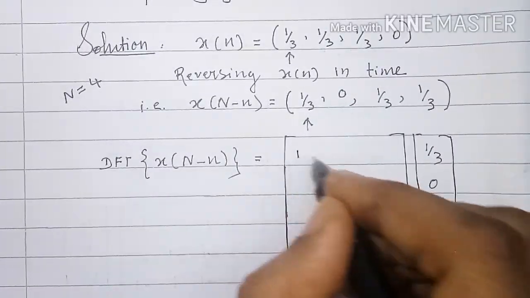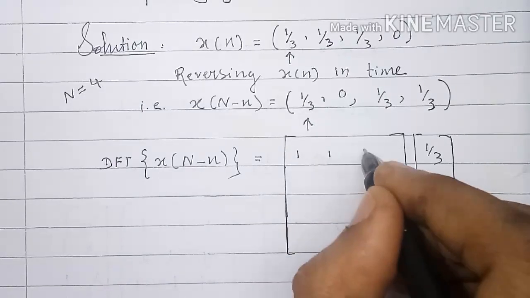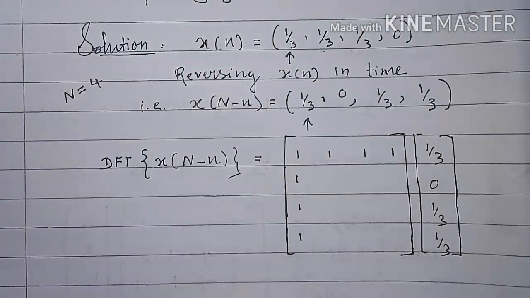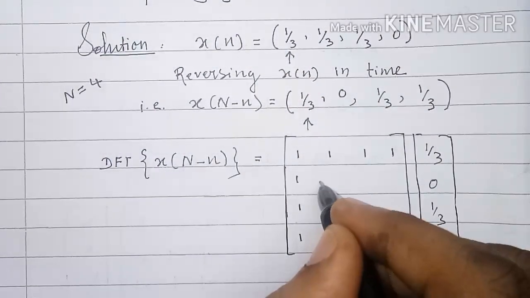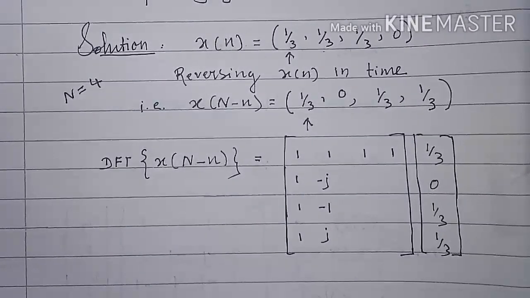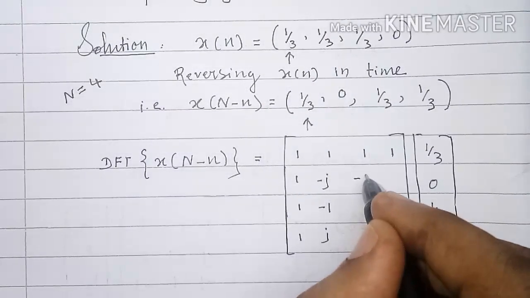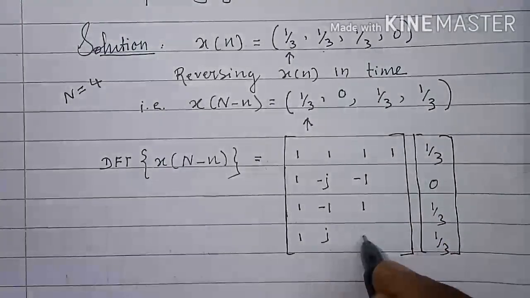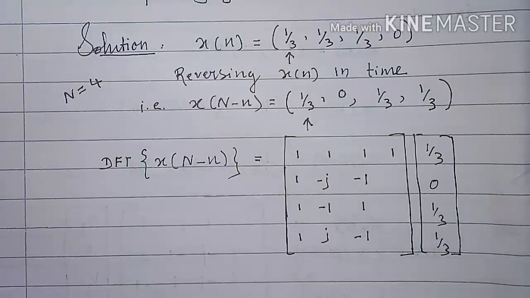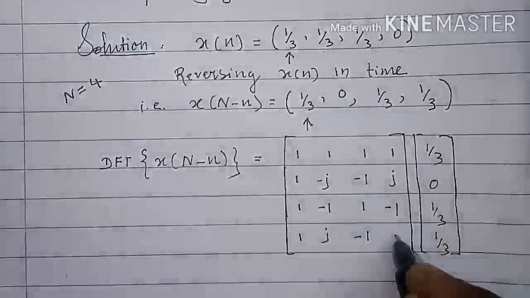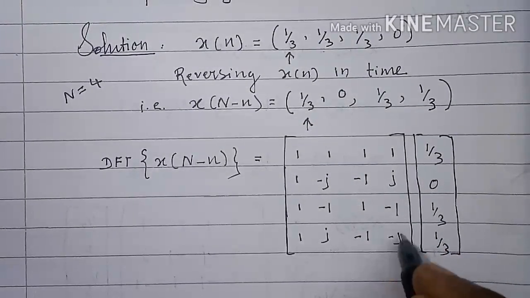Here the matrix rows are 1, 1, 1, 1; 1, minus j, minus 1, plus j; 1, minus 1, plus 1, minus 1; 1, plus j, minus 1, minus j.